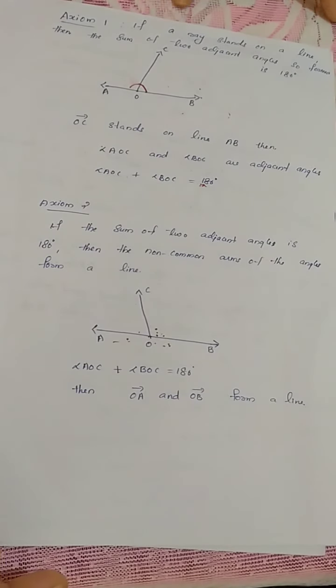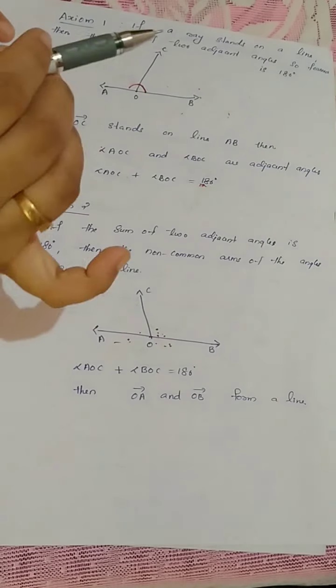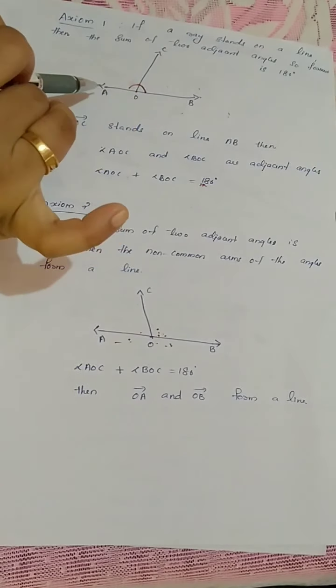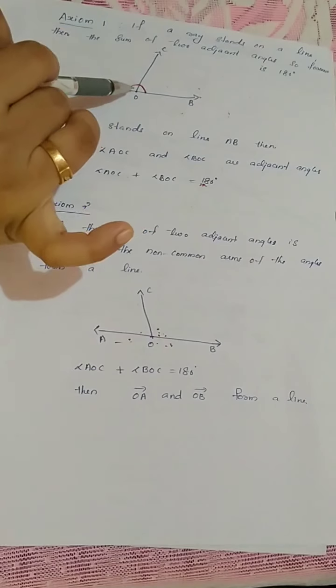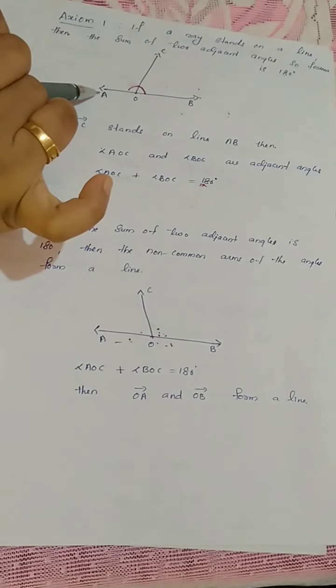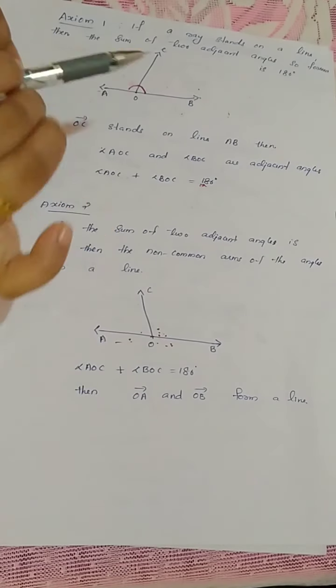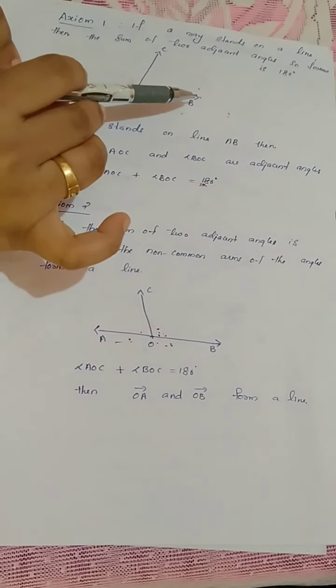if a ray stands on a line, then the sum of two adjacent angles so formed is 180 degrees. Here AB is a line and ray OC is standing on this line AB. This is the given condition.